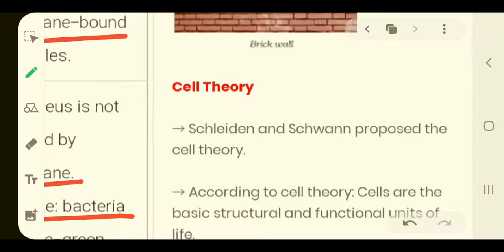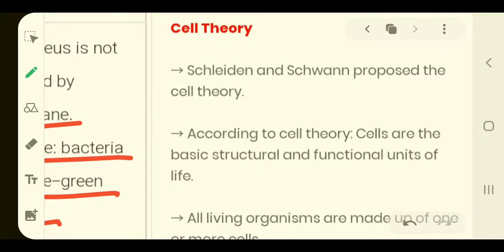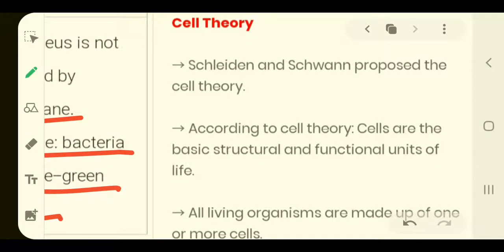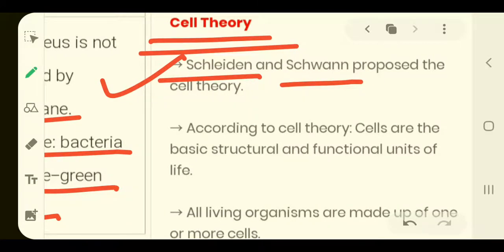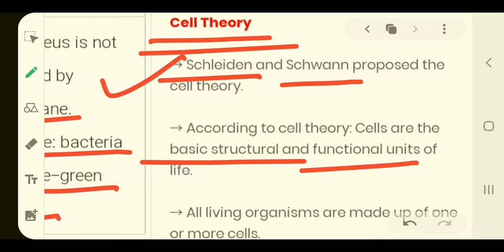And last, you can see the cell that you read about is governed under certain principles called cell theory. The name that you just read about, Schwann, in the nerve cell diagram, is the same scientist, and one more is called Schleiden. So you should know the names. Schleiden and Schwann proposed this cell theory, and according to cell theory, cells are the smallest basic structural and functional unit of life, that I told you at the start of the chapter.